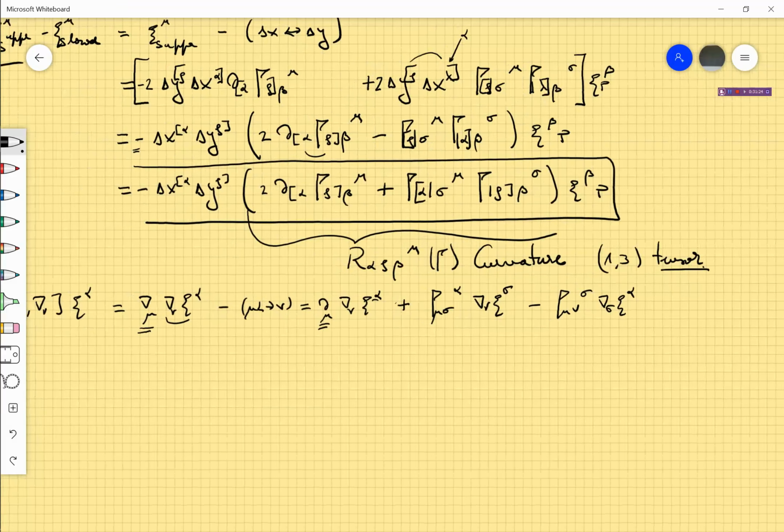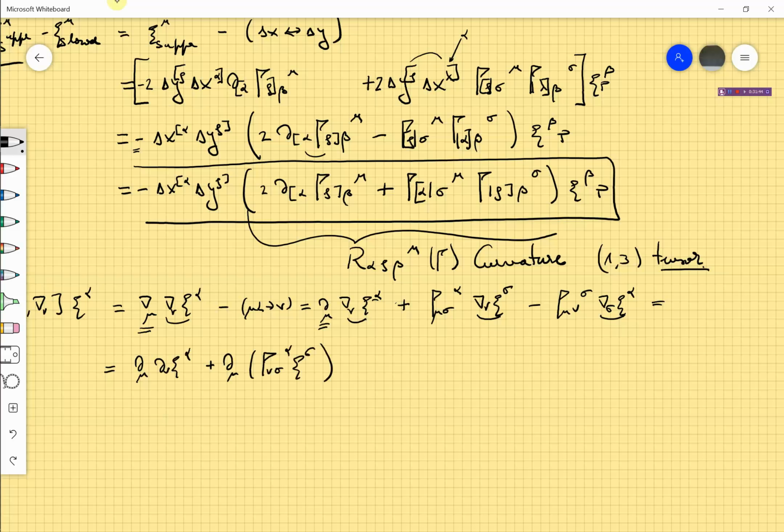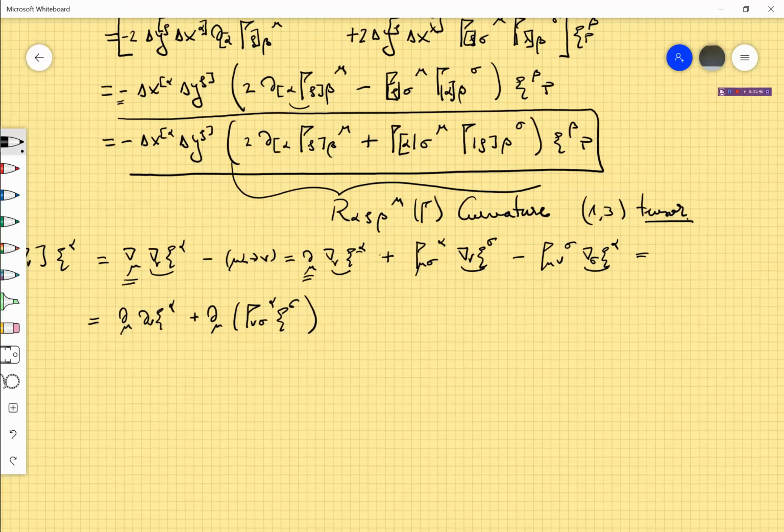Now we replace the values of these covariant derivatives, which are known to us. These are easy to compute, so we have partial mu, then the first term, plus partial mu of the second term, which is this one. I'm going a bit faster, but you should already know more or less how this goes.